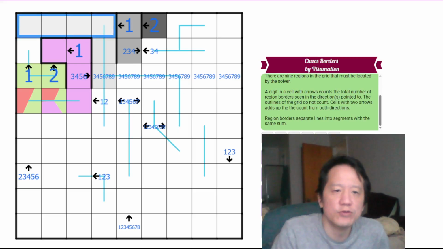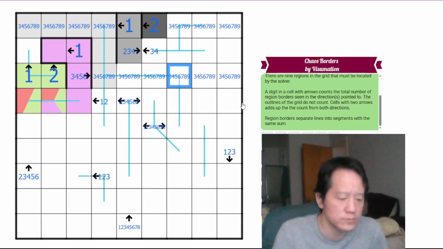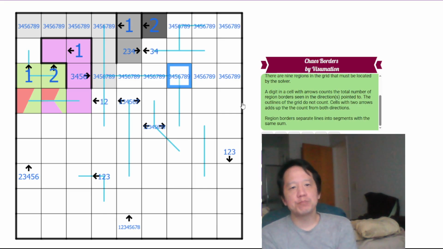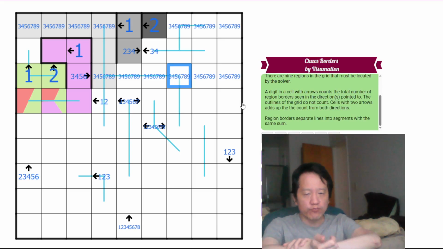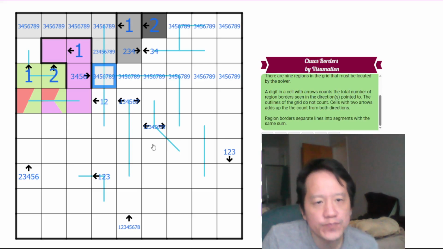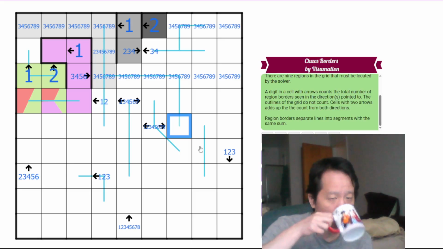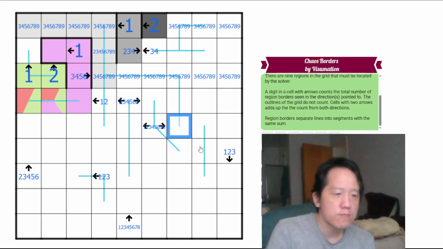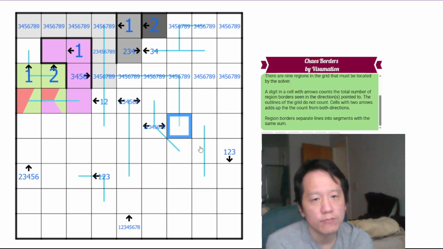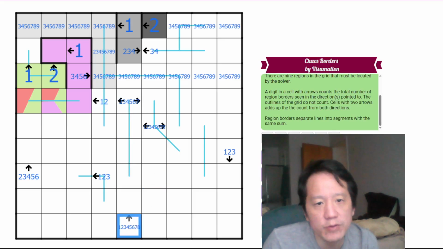This, again, must be 3 through 9. This is 3 through 9 also. This is 2 through 9. This can't be 1.